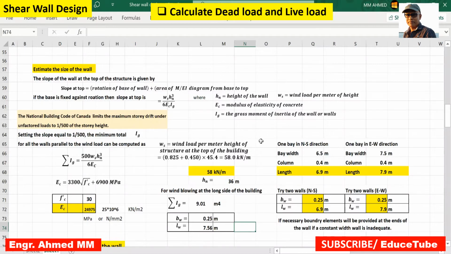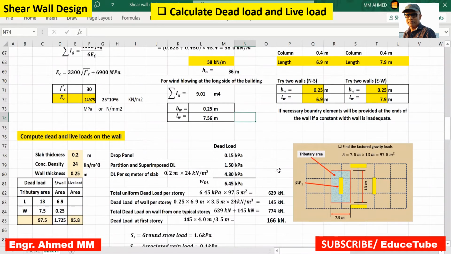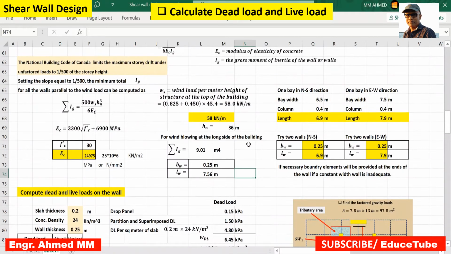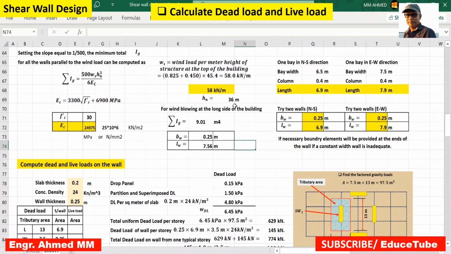Width of the building means, if we look here, from here to here, this width is 45.4, and height 36. So putting all those, we get this, and if you click it, you see the equations are the same as this one I used. Taking the cell address, I got 9.01.